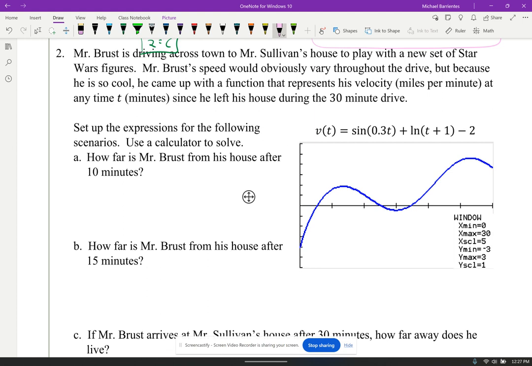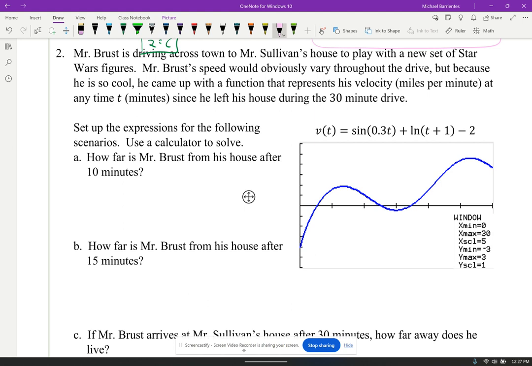So that means Mr. Brust was going in one direction at the beginning, but then right around here he changed directions because now the velocity is positive and he's moving in the other direction. But then it changed again, and then again. So he's not going straight from his house to Mr. Sullivan's house.